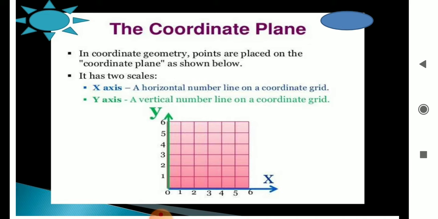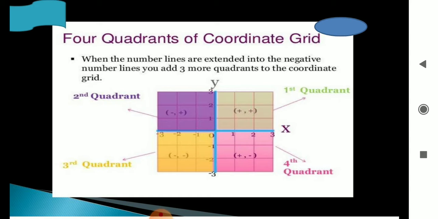You are aware, in previous classes also we discussed, it has two scales: the x-axis, a horizontal number line on the coordinate grid, and the y-axis, a vertical number line on the coordinate grid. So you can see the green color y-axis and blue color x-axis.